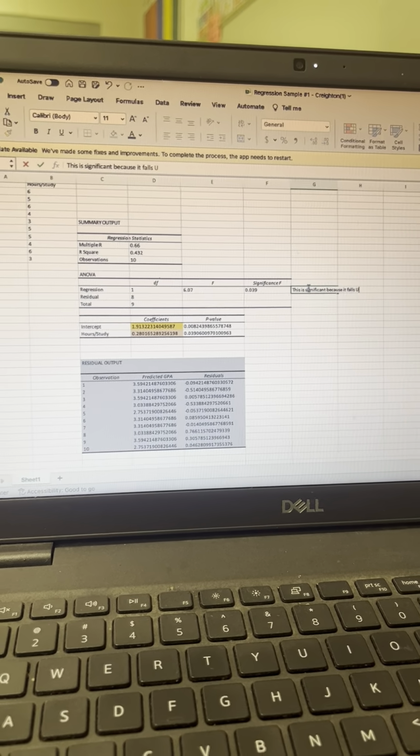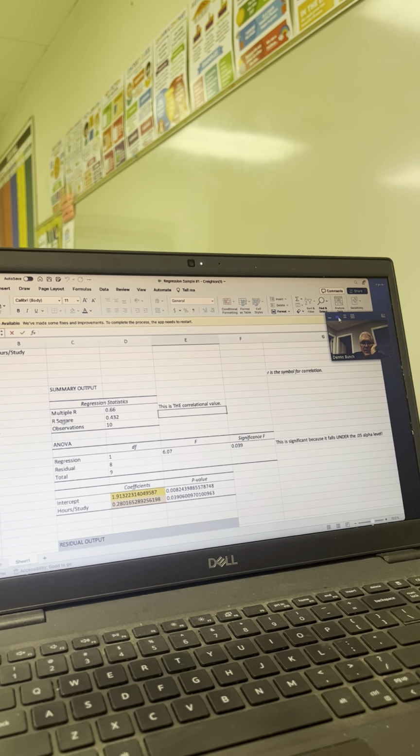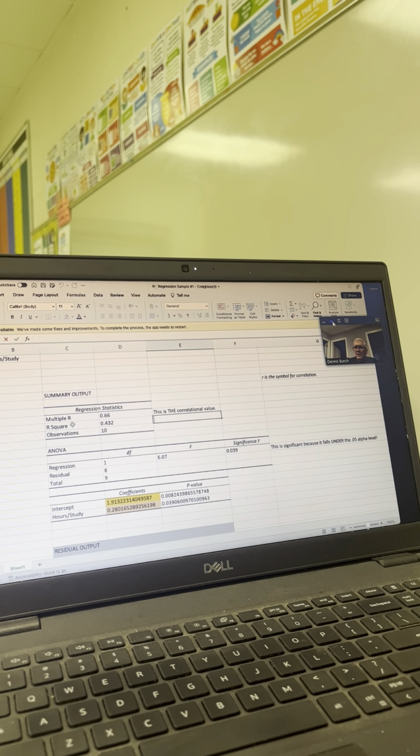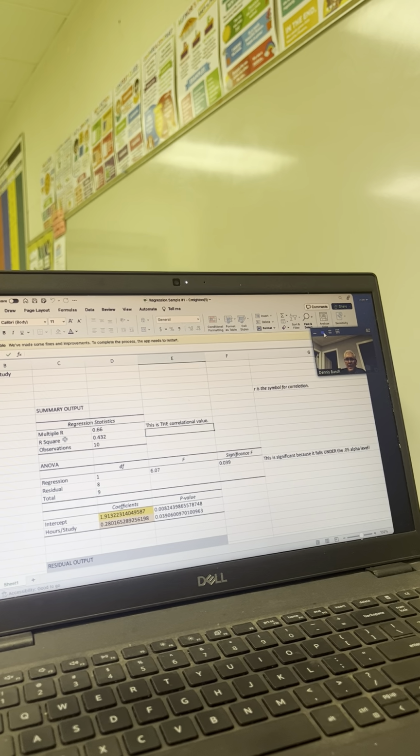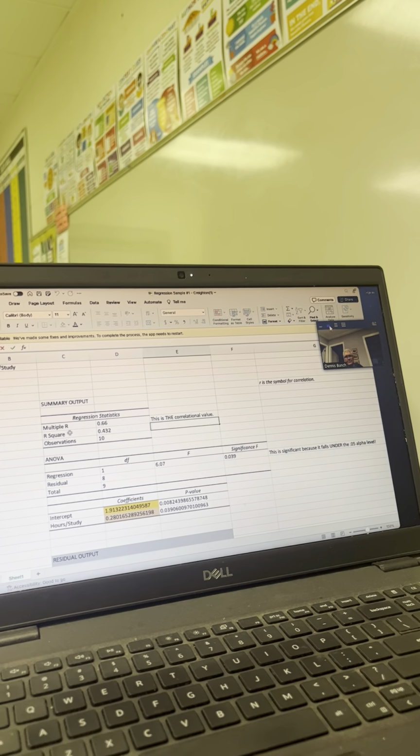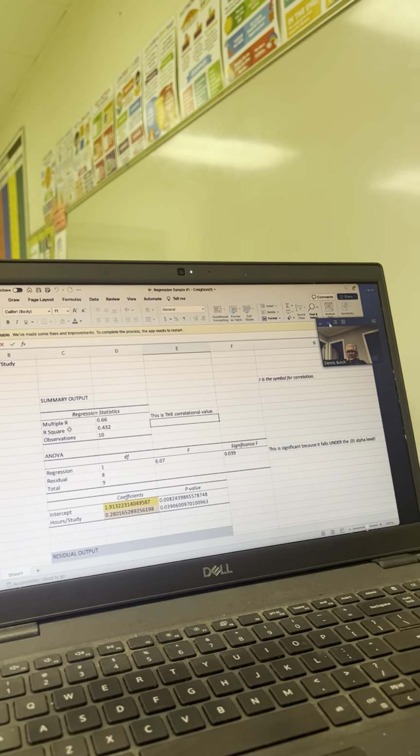So it truly is still the correlation value, but what is that R squared? Take 0.66 and multiply it times 0.66. That's the square. That's exactly right.